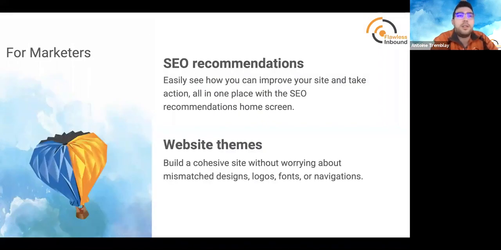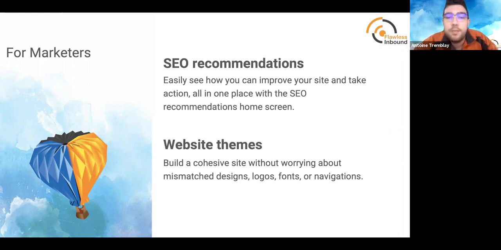So starting with SEO recommendations, you can always see stuff that you can improve on your portal. HubSpot will show you where you can improve and give you all the fields that you need, like meta title, meta description, and it'll give you some insights on how you can improve your pages.